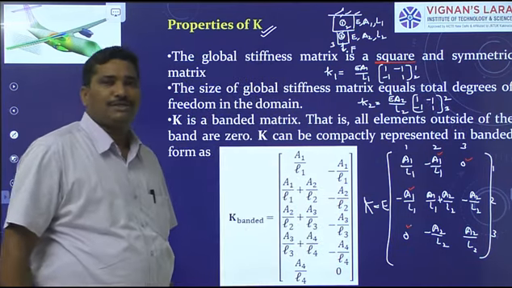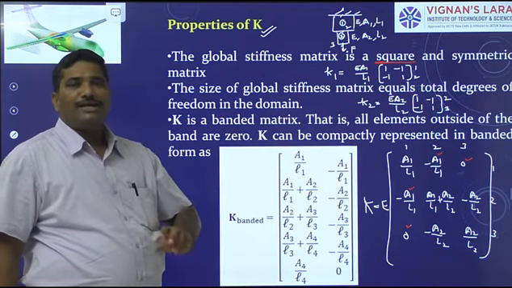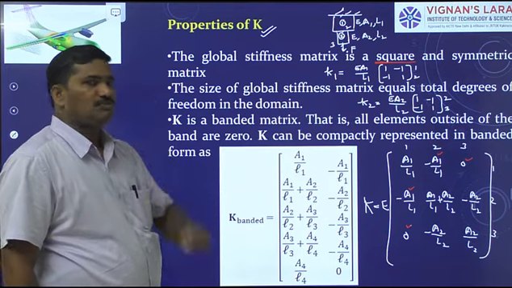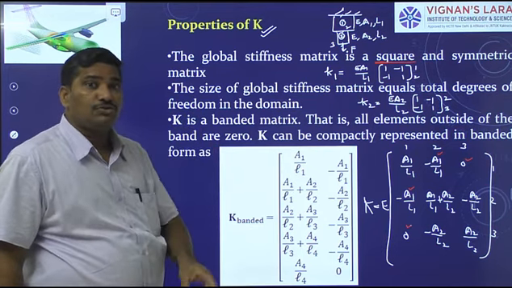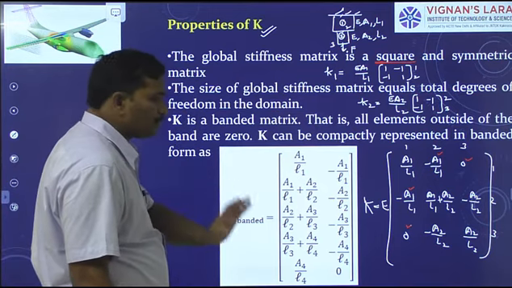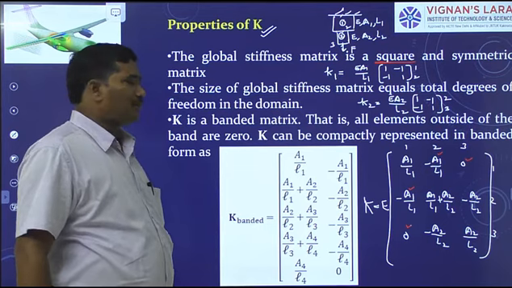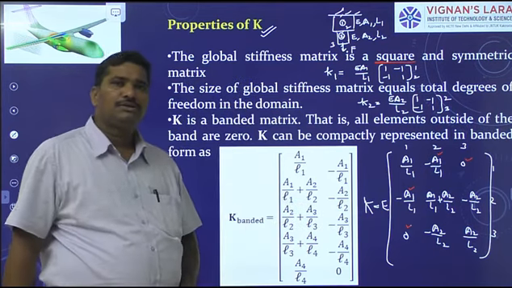This is another property. The global stiffness matrix is a square matrix and it is a symmetric matrix. The size of the global stiffness matrix equals the total degrees of freedom of the domain.